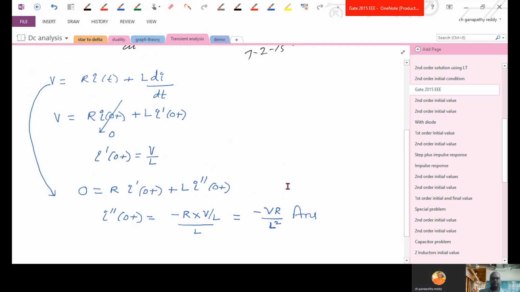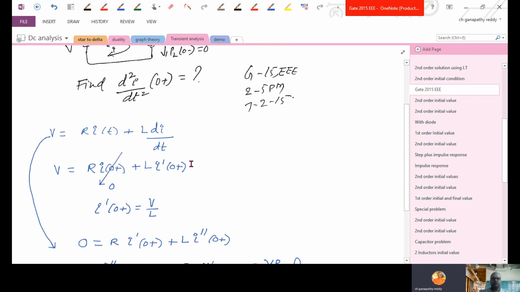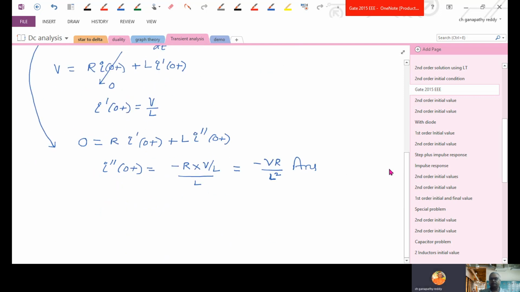Okay. So always dI by dt, d square I by dt square and so on, we solve with the help of the basic time domain equation. So that is important.